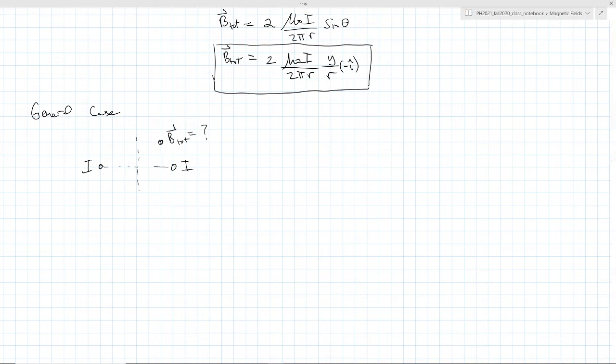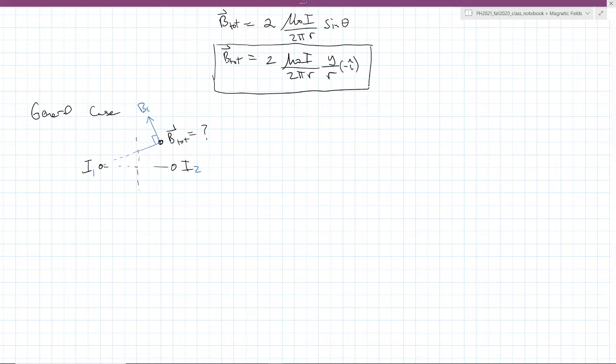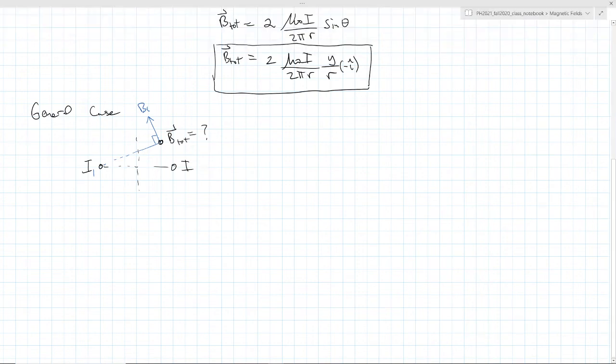So you can see that this is going to be a little bit more complicated because the magnitudes are not going to be the same because the distance is different. So again, if these currents are coming at you, you would have a contribution from this one that's pointed basically like this. So if this was I1 and I2, whereas the contribution from this one, let me put it in red to distinguish, would be much larger for the same current if I1 equals I2.